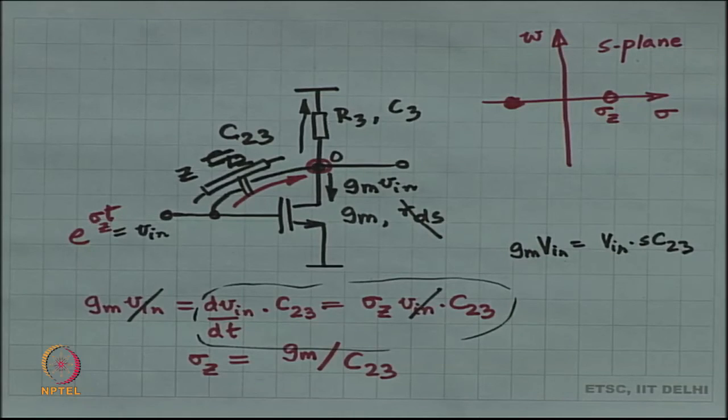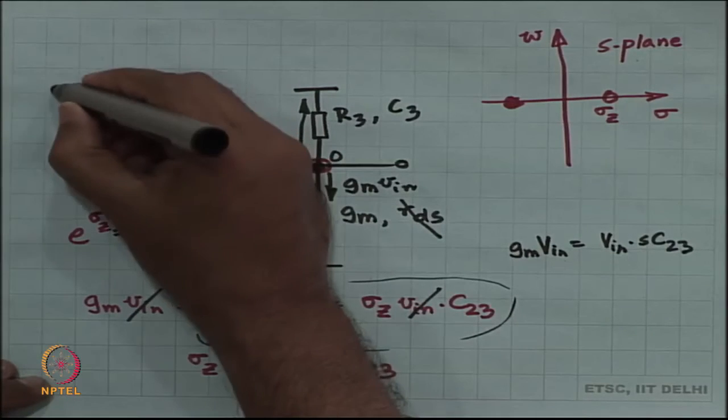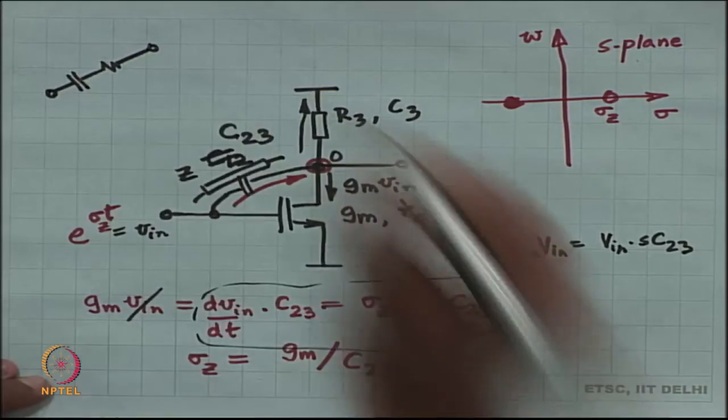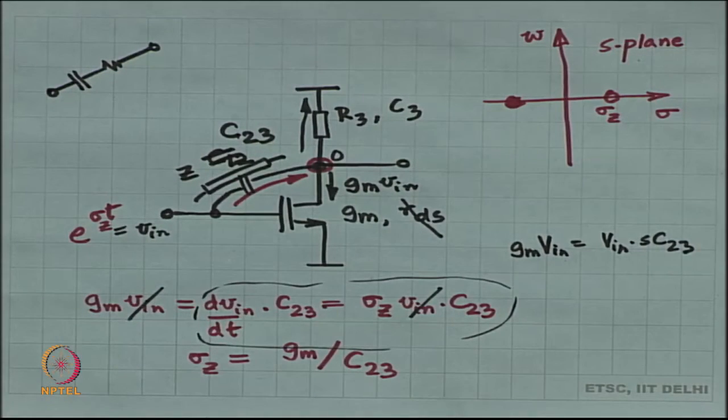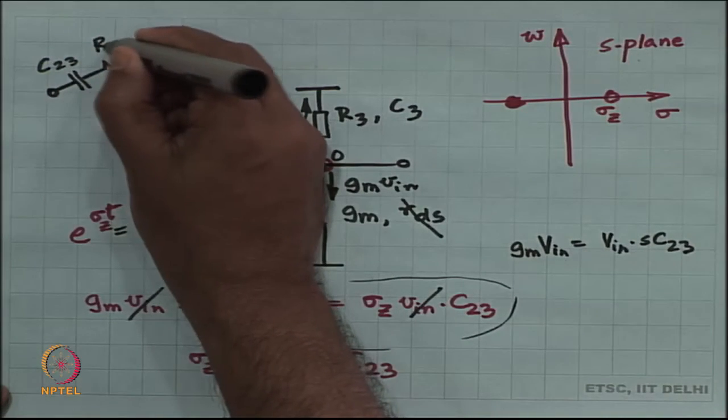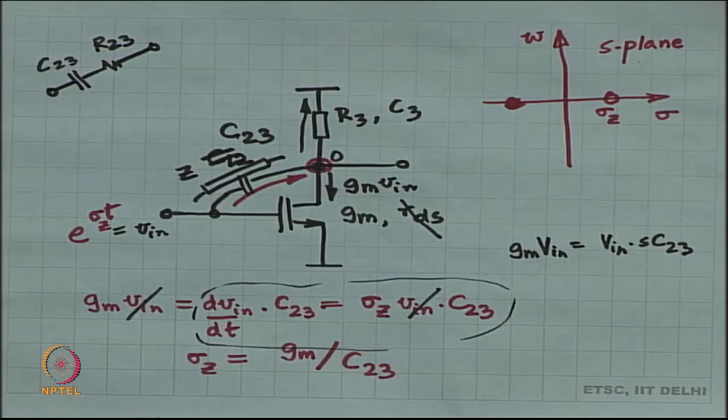Okay. So, suppose this Z is a capacitor in series with a resistor, C23 in series with R23. Suppose, then what is going to happen?